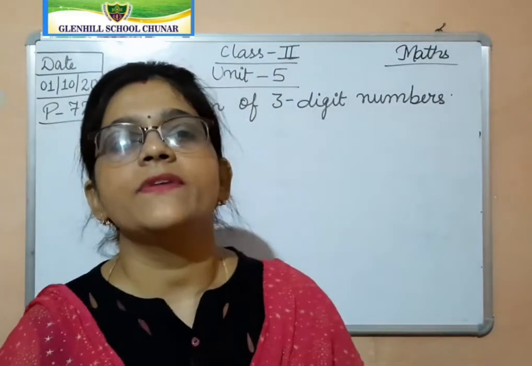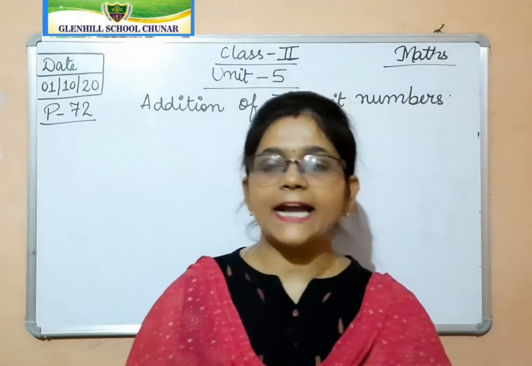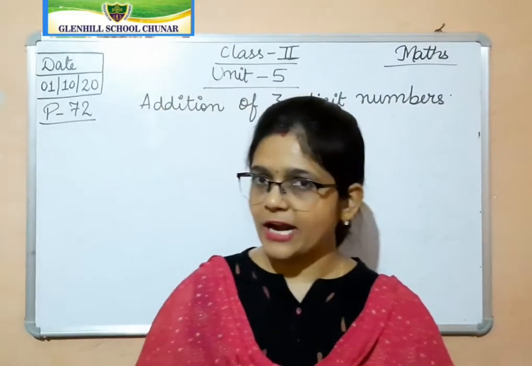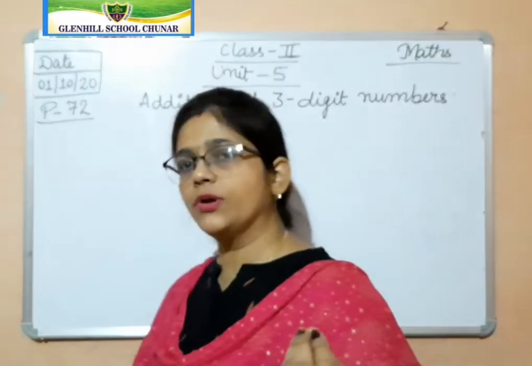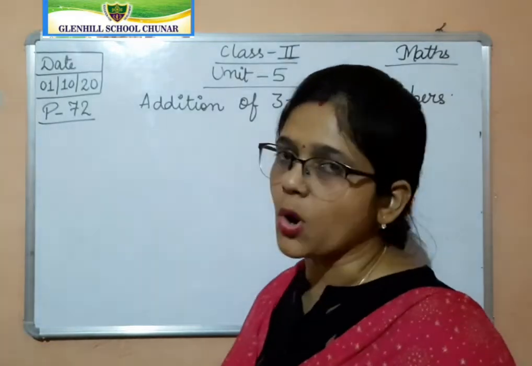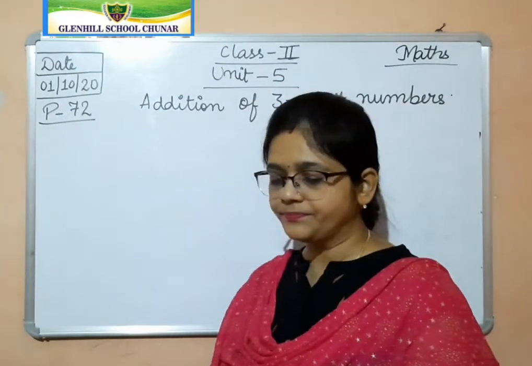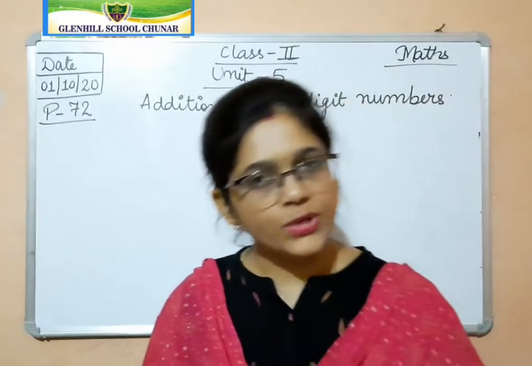So in previous chapter you have learned about the addition of 2-digit number and subtraction of 2-digit number. Like that only here you are going to learn the addition of 3-digit number. Addition of 3-digit number is similar to that of 2-digit number.